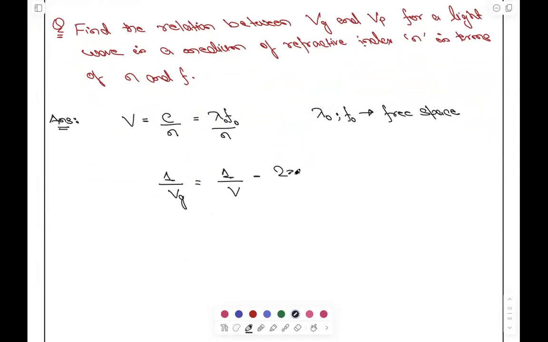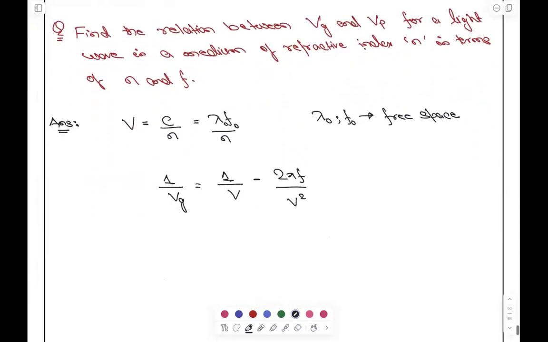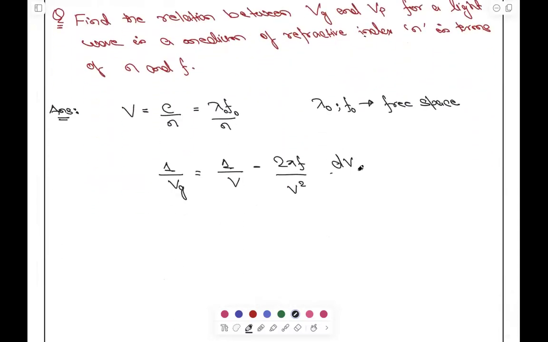Omega is what? 2 pi by F upon V square upon dV by d omega. Again dV by 2 pi, so 2 pi is common, 2 pi by d omega. 2 pi cancel out. It will be dV by dF.